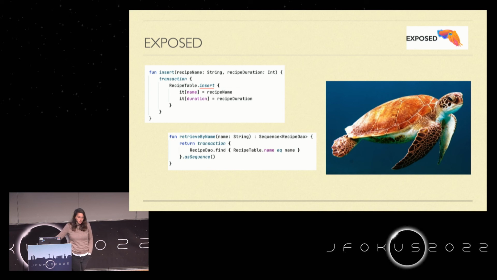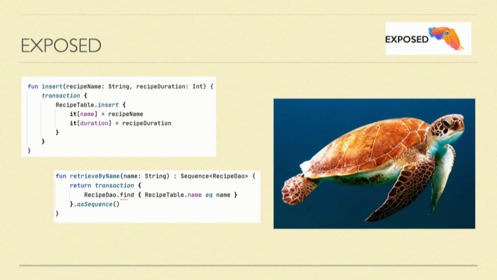Let's imagine now we want to retrieve something, then we need to call the database access object to find any rows in the table. There it goes. My animations are a bit slow. Where the values in the column name is equal to the name that I'm looking for. Once a transaction is done, I can cast it to a sequence, which you should do if you're using large collections, and you can go on with your Kotlin code.